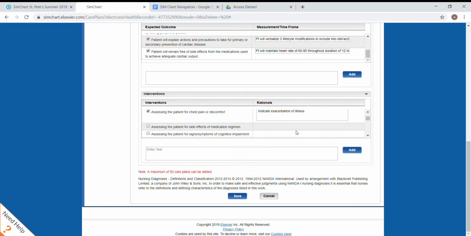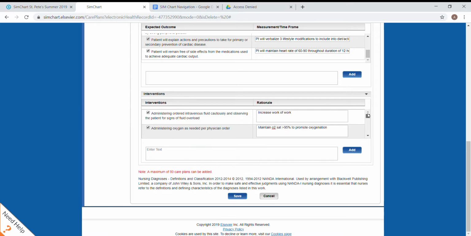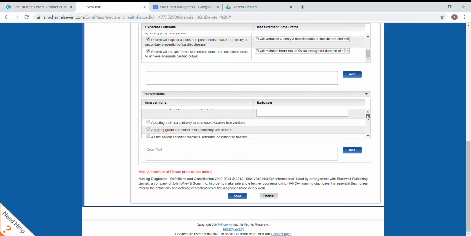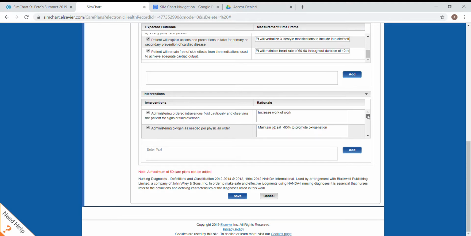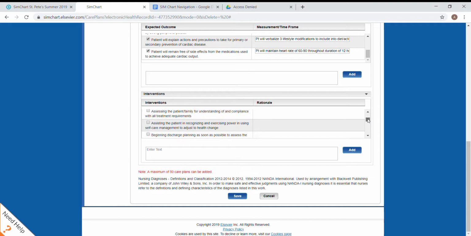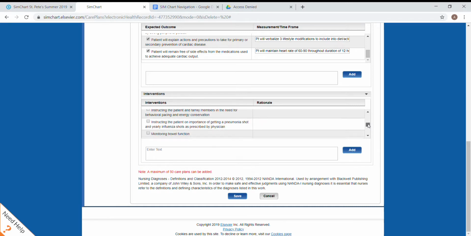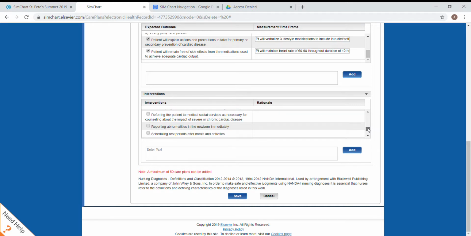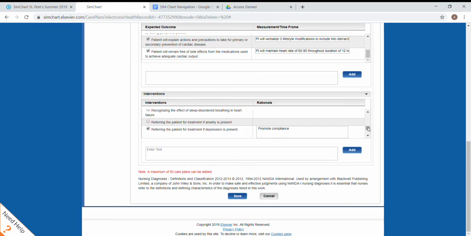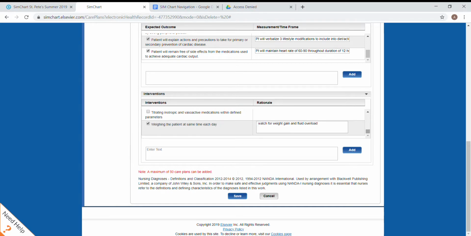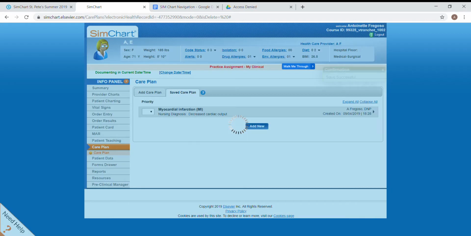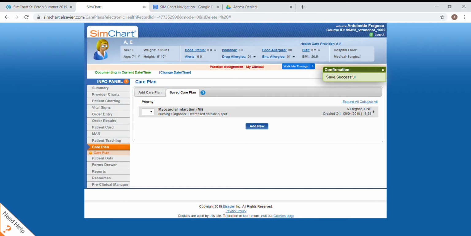So I had a few that were blank, so that's why it's not letting me save it. As you can see, there are several options to pick from. So just pick the ones that are most important.